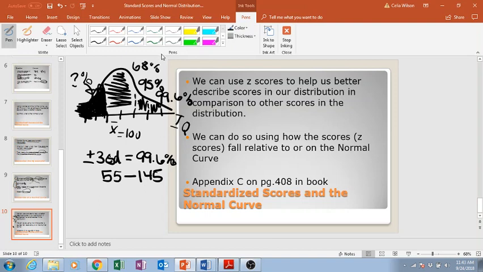All right, so rather than these real general 68, 95, 99%, if I convert my score to a z-score, then I'll be able to figure out exactly what percent. And I do that using an appendix in the back of the book. I think this was for a different text. So the book we're currently using, let me grab it real quick.